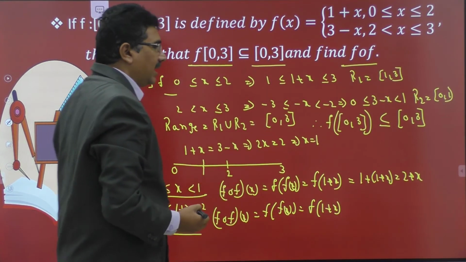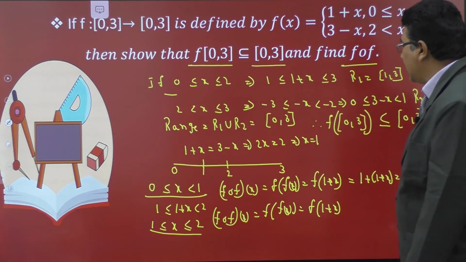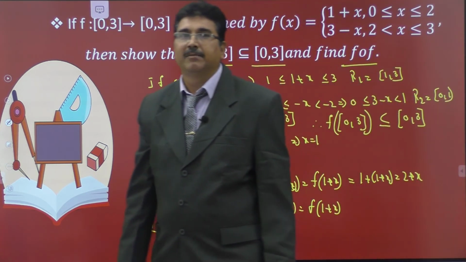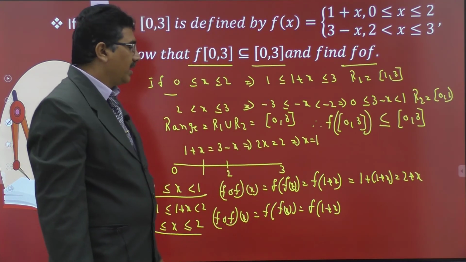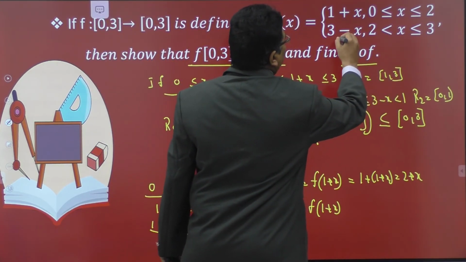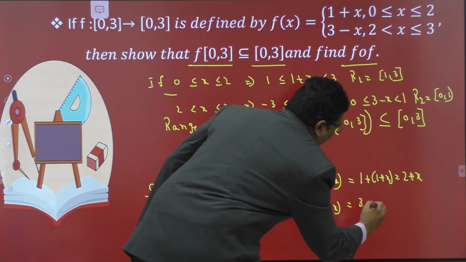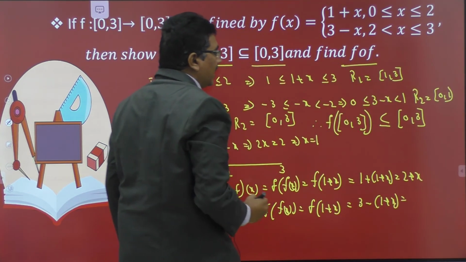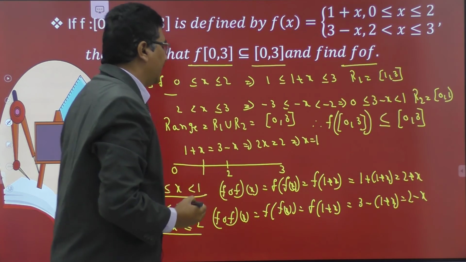Here x lies between 1 and 2, then 1 plus x lies between 2 and 3. The image of this function is 3 minus x, that is, 3 minus (1 plus x), that is equal to 2 minus x.